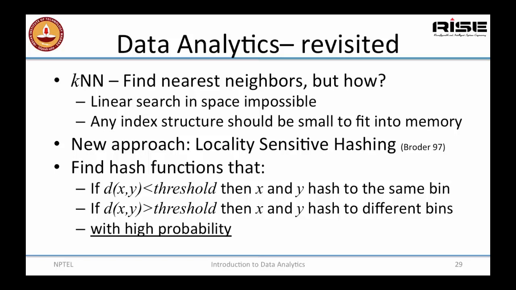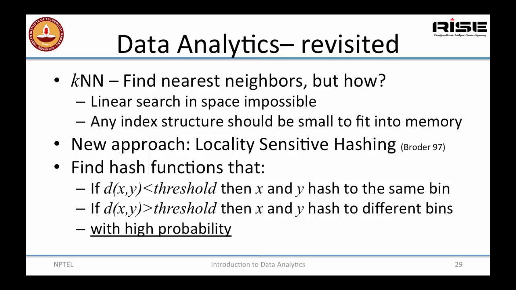Here we want to find hash functions such that for two elements x and y, if their distance is less than a certain threshold, they hash to the same bucket. If the distance is greater than a certain threshold, then x and y hash to different bins. And we would like this to hold with very high probability.